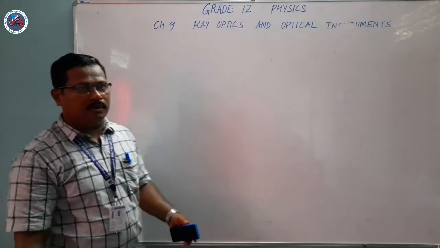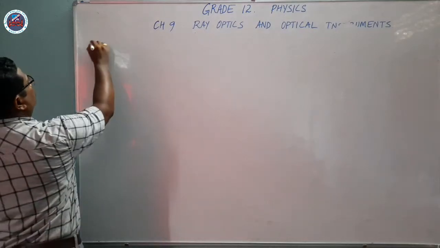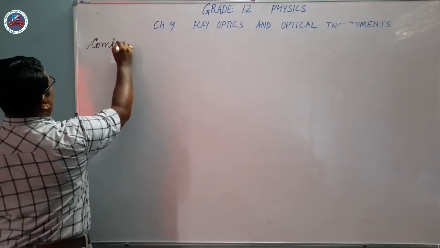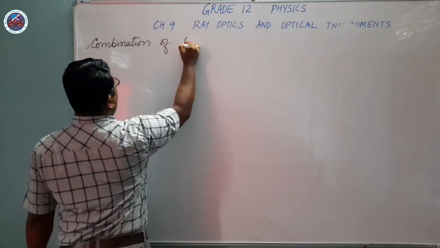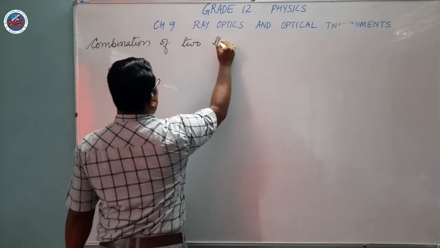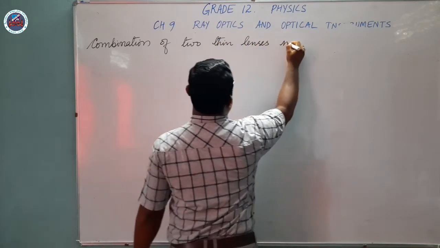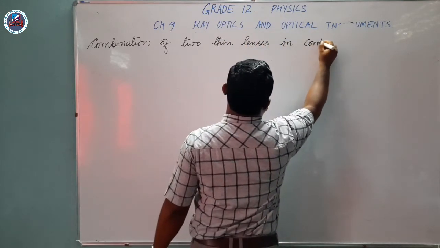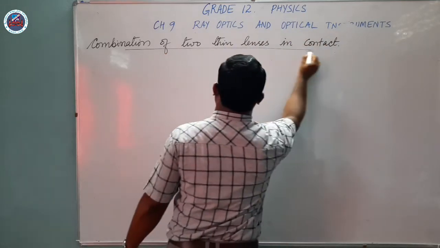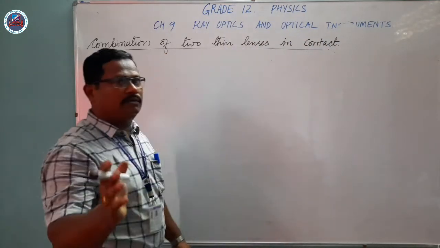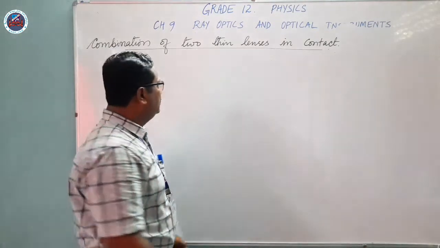Now let us study about combination of two thin lenses in contact. Here what you will do is, you will try to find out the equivalent focal length of the lens after the combination.